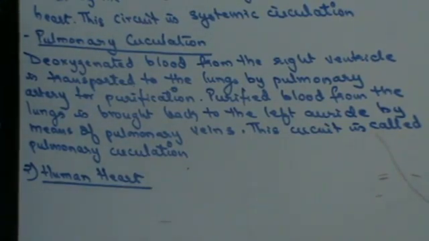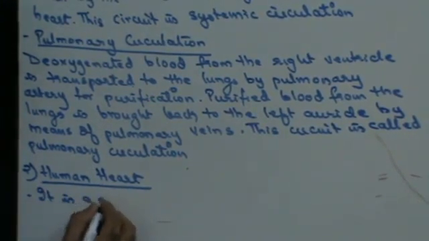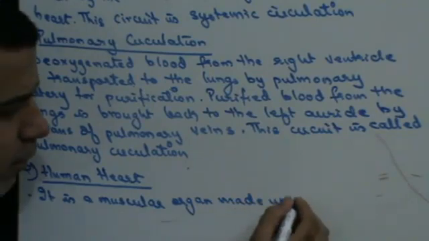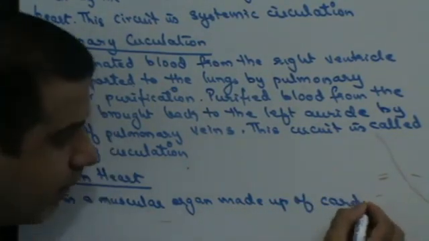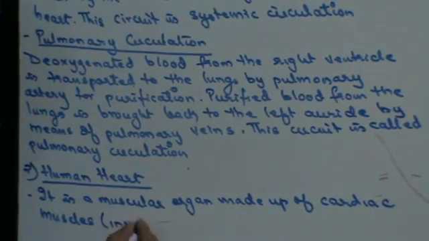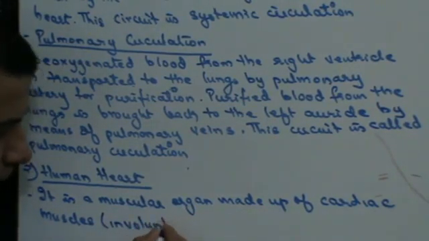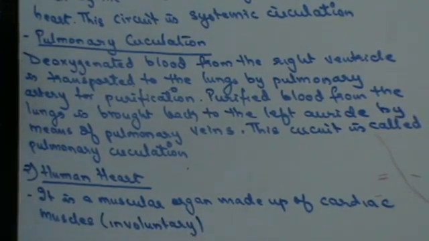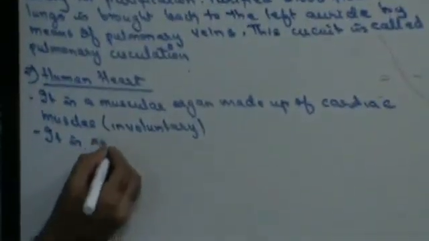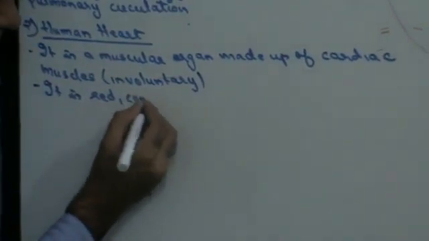Human heart. It is a muscular organ made up of cardiac muscles, which are involuntary.